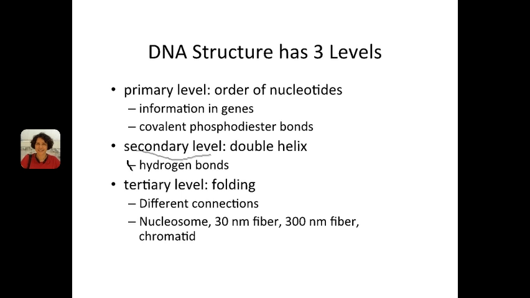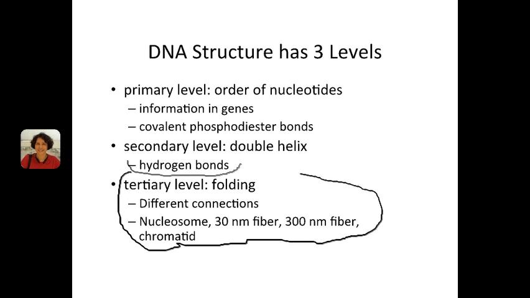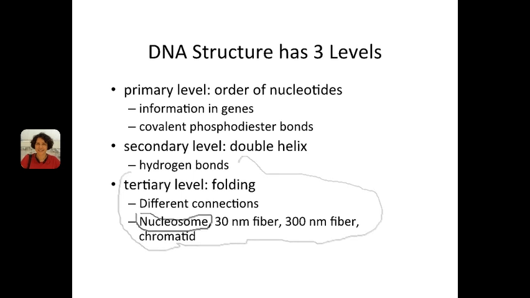It is maintained by hydrogen bonds between the two strands. The tertiary level actually has different sublevels, and it involves different amounts of folding and wrapping that we're going to be looking at in the upcoming slides. And it involves different structures also, the nucleosome and several different fibers, and finally the chromatid.